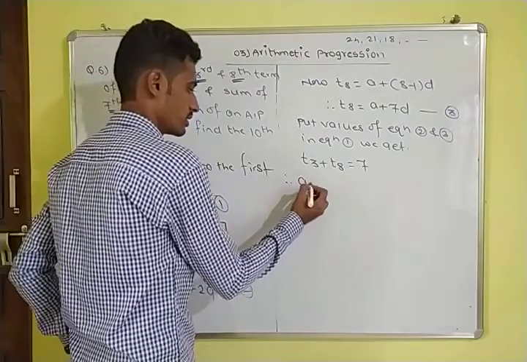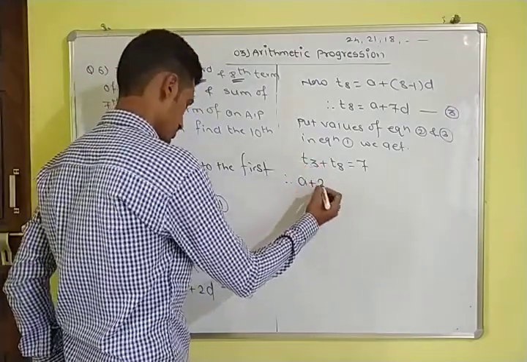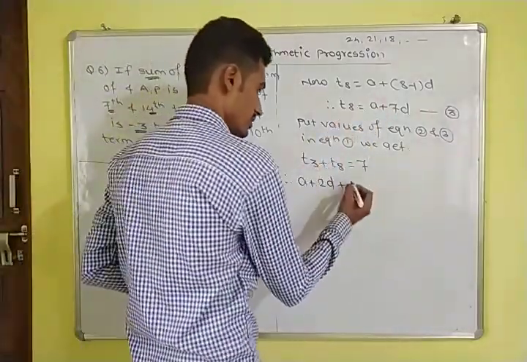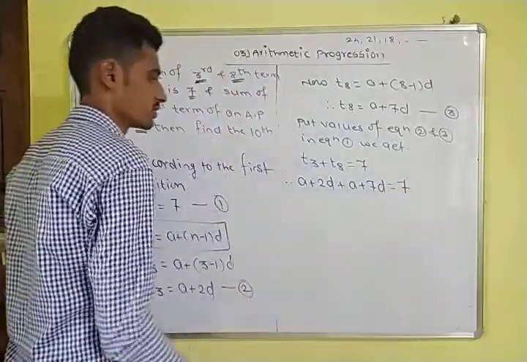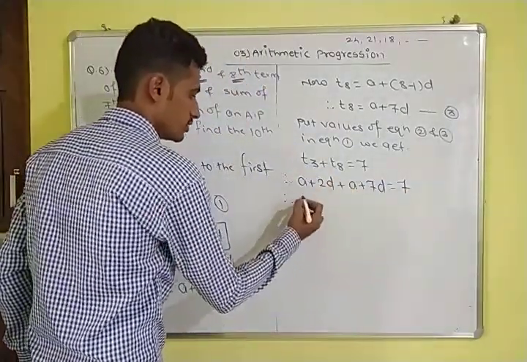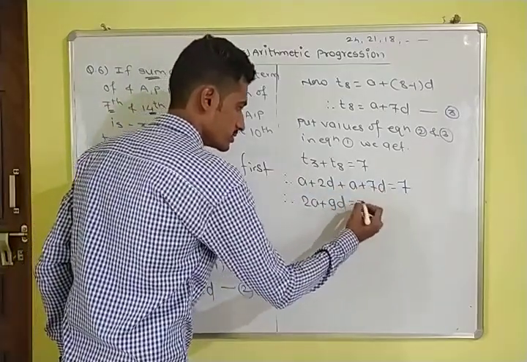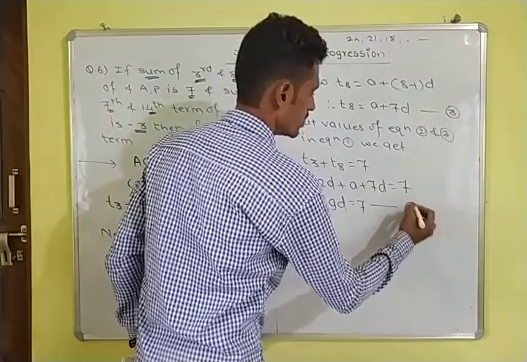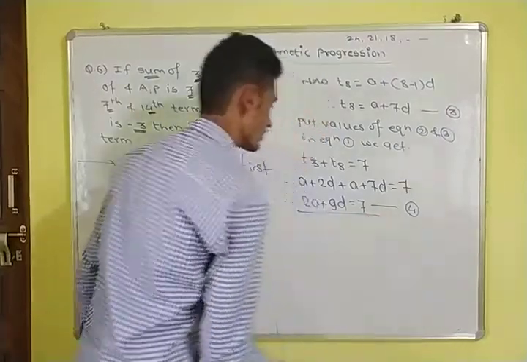So write down, instead of T3 write a plus 2d, plus instead of T8 write a plus 7d is equal to 7. So how many are there? 2a plus 2d plus 7d, that is 9d is equal to 7. This is equation number 4.